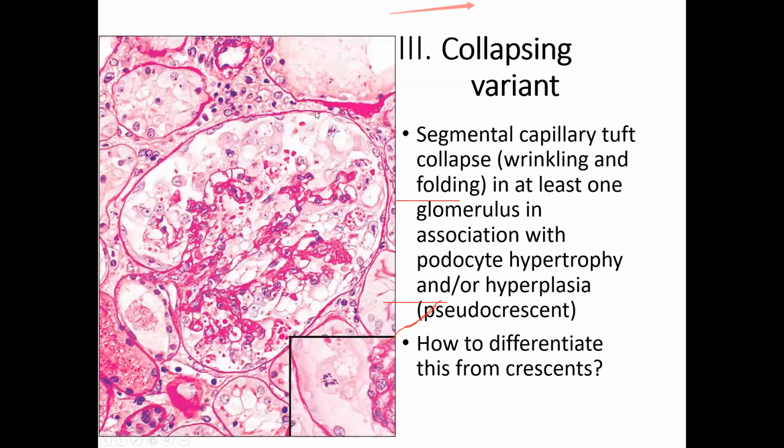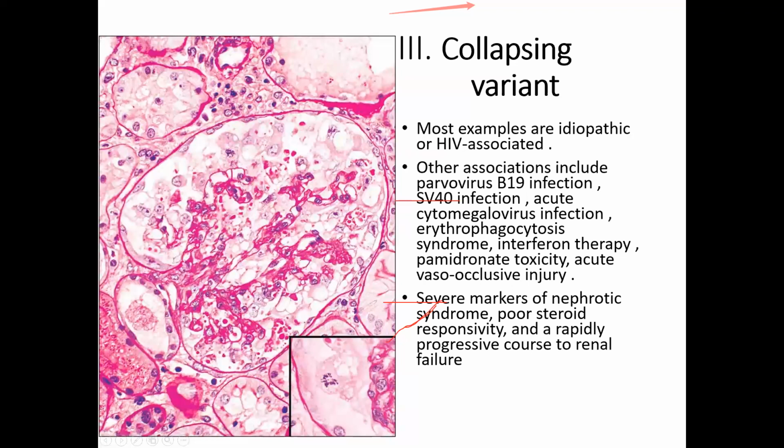Most examples of collapsing variants are idiopathic. But collapsing variants are also commonly described in HIV-associated nephropathy, and other associations include parvovirus B19 infection, SV40 infection, cytomegalovirus infection, interferon therapy, pamidronate toxicity, and it can also be seen in acute vaso-occlusive injury, including thrombotic microangiopathy.